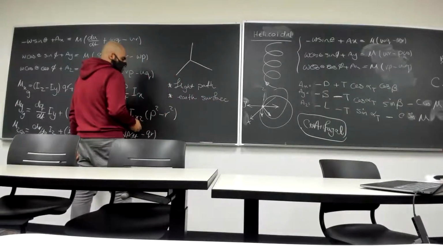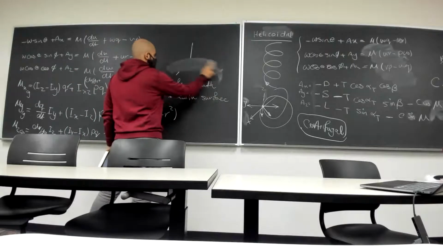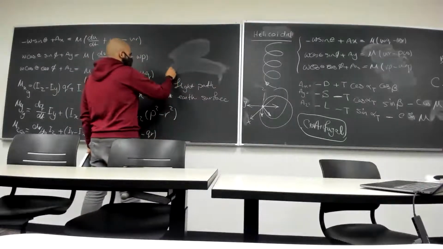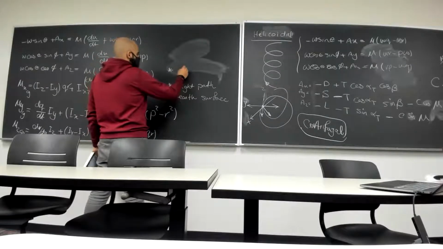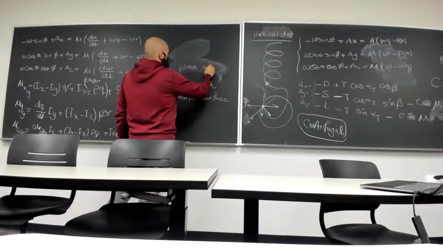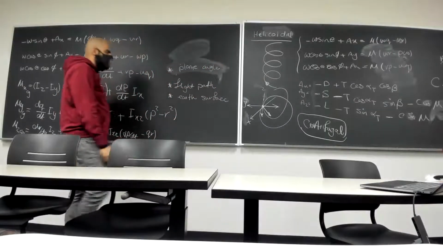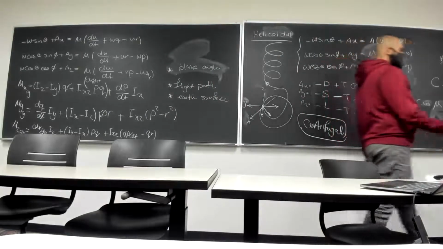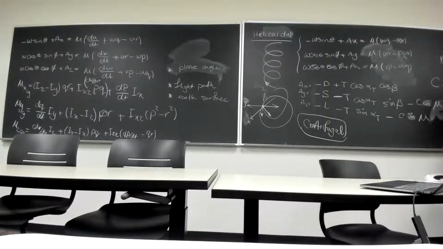And angle gamma, which we're going to see later as well, is going to be the angle between your flight path and the aircraft. We'll come back to the angles later today.